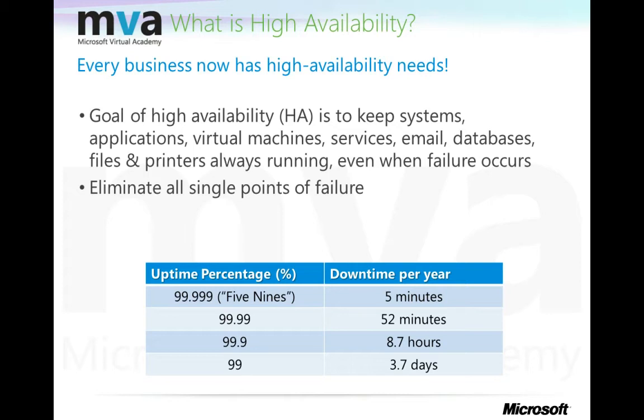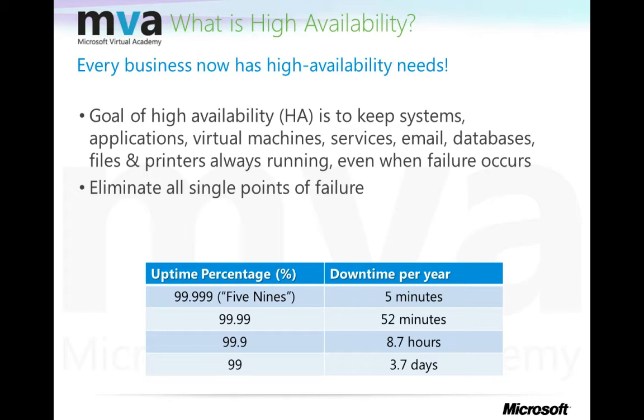Now, the way that high availability is quantified is known as the number of nines that it has. So if you have 5 nines of uptime, which is 99.999% of uptime, that's equal to only about 5 minutes of downtime every year. Now, this is what most organizations strive to get for their critical services.